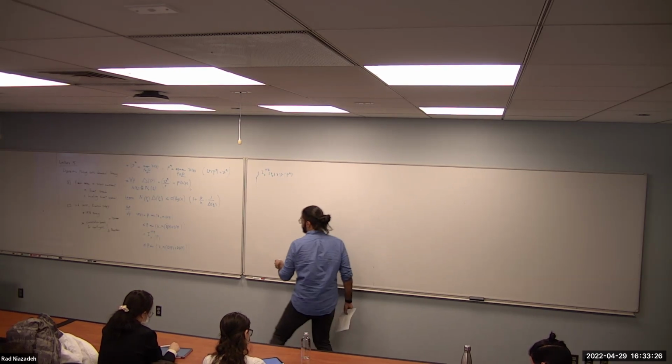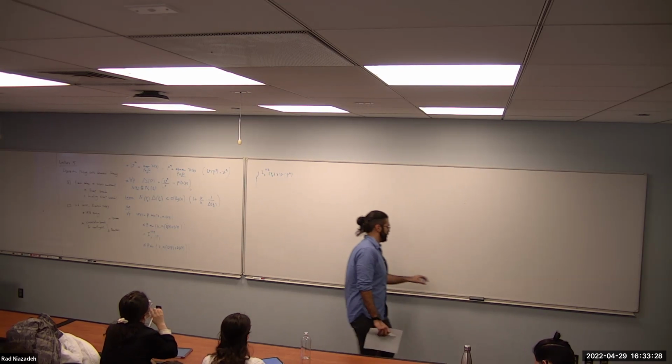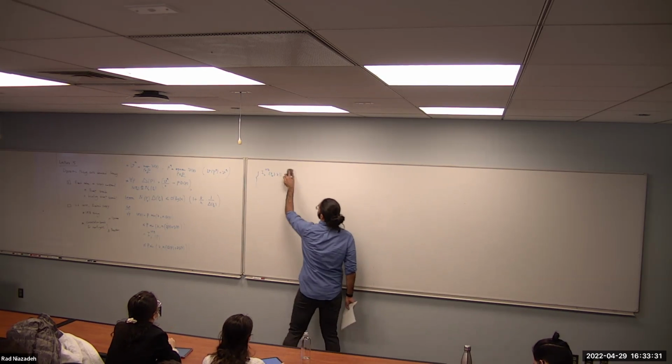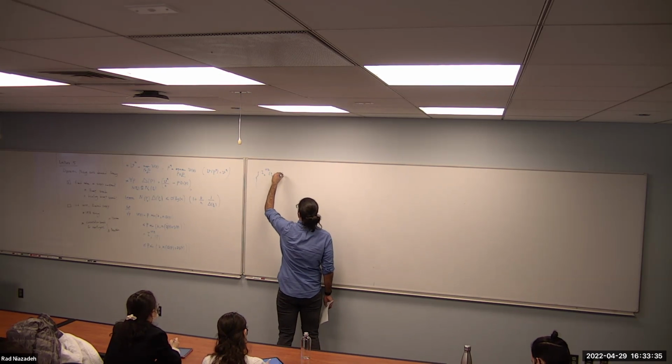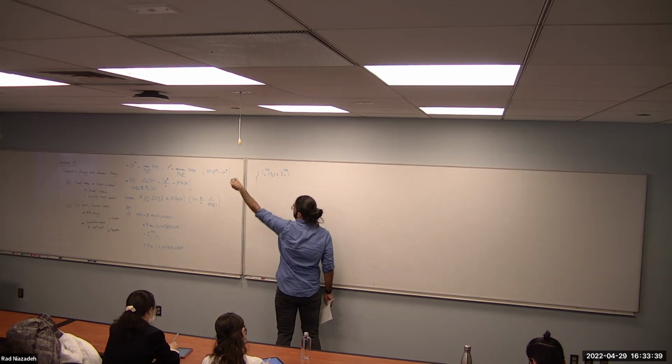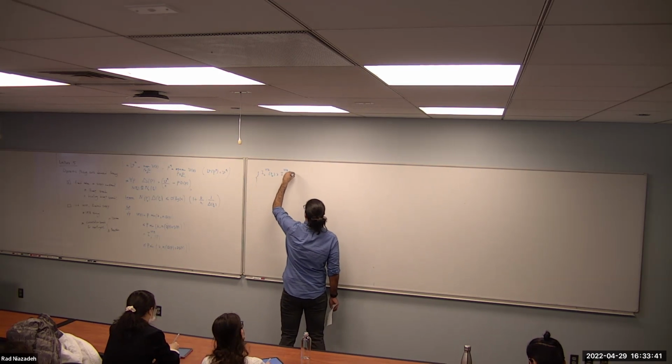If it's not clear what I'm doing, I'm first saying that the UCB index at p_t is greater or equal than the UCB index at any other price, let's say p star.